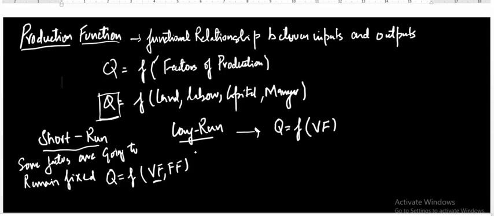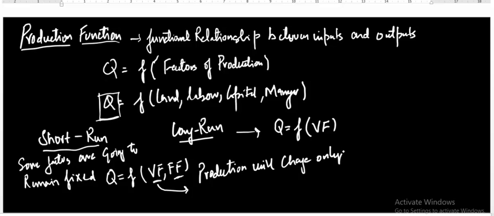Now in this sense, we will study the two time periods, and in these time periods we will study different laws of the production. Now if we talk about this short run, one of the factor is fixed while one factor is variable, or some factors are fixed and some factors are variable. So in this case the production will change only by the change of variable factor.